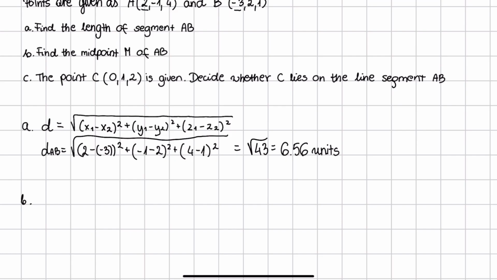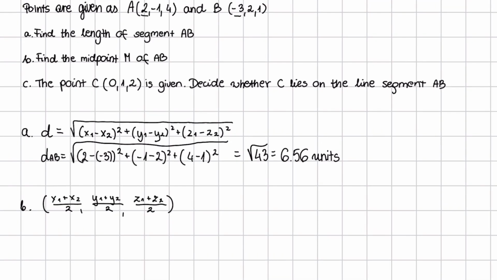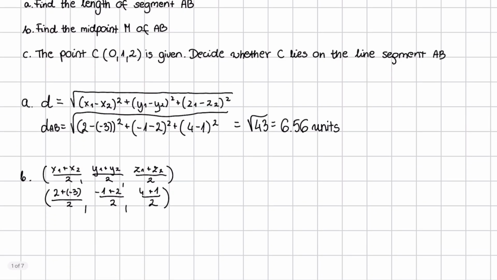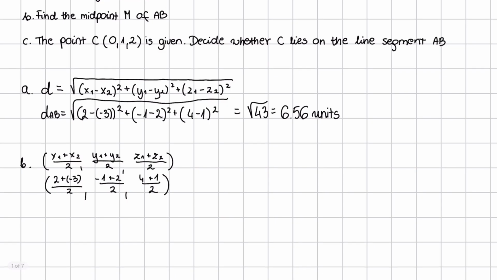It's called coordinates of the midpoint of a line with endpoints x1, y1, z1, x2, y2, and z2. So it looks like this, and now we just have to substitute our values. So 2 plus -3 divided by 2, -1 plus 2 over 2, and 4 plus 1 over 2, and we have to calculate it.